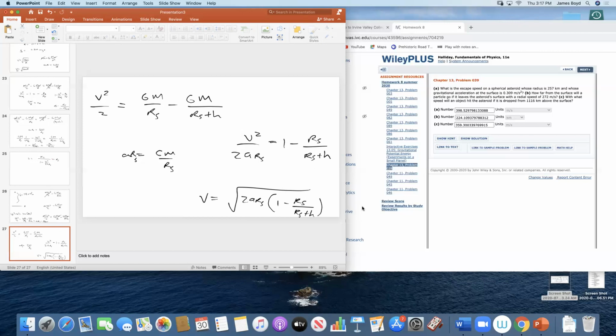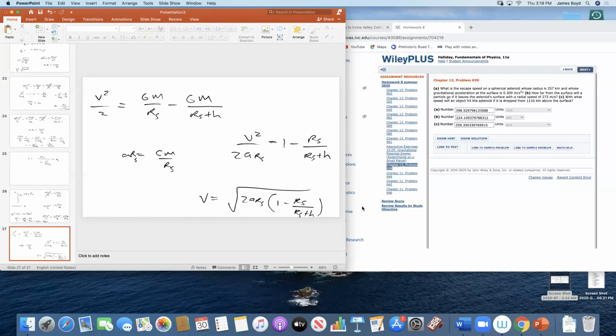Okay, 1 minus that number, and then multiply that by 2 times a was 0.309 times r the surface was 257,000, and then take the square root of that answer, and I get 359.300, exactly what they got. I get 30033. No, I get 3398. They get 976.